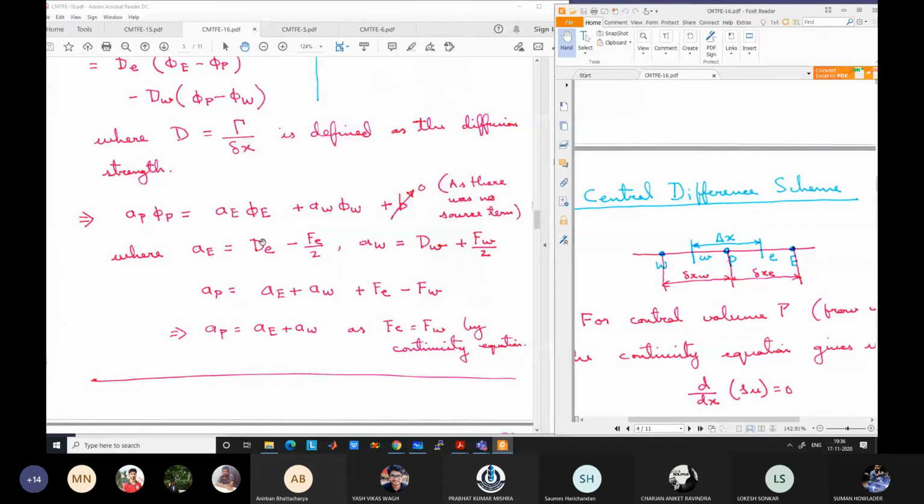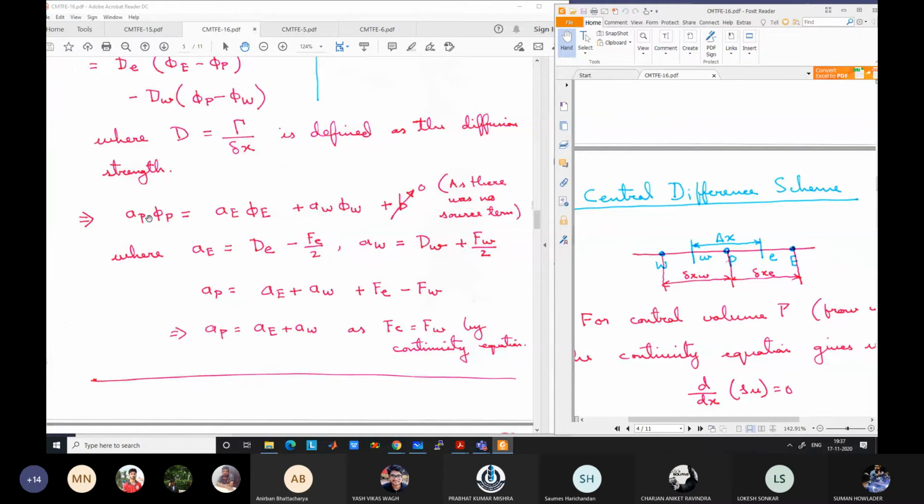Now what is the aim of any scheme? Aim of any scheme is to obtain these coefficients AP, AE and AW, so that we can pass the values of the coefficients AP, AE and AW to our solver, like TDMA solver or any other solver.